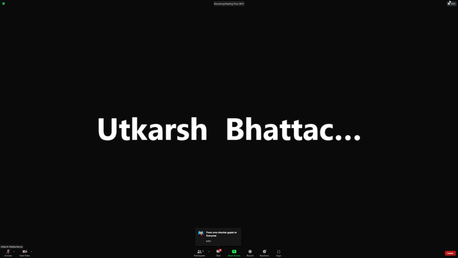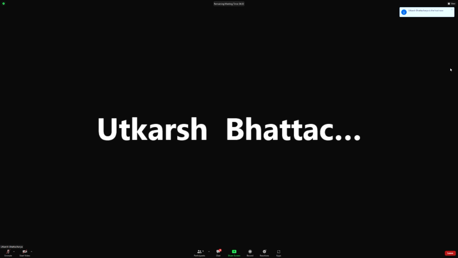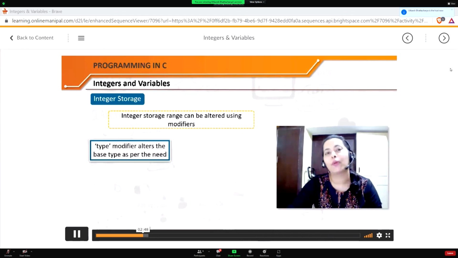As we have known that integers will occupy a certain range of values, C language allows us to alter this range by adding certain type modifiers. The type modifiers alter the meaning of a base type to fit our need more precisely.